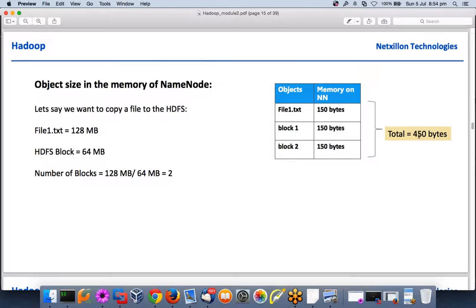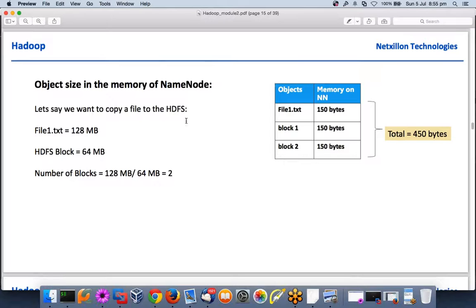So I will divide the memory available on my name node by the block size of my Hadoop cluster. That will decide how many blocks I can have, and that will decide the size of my Hadoop cluster, right?